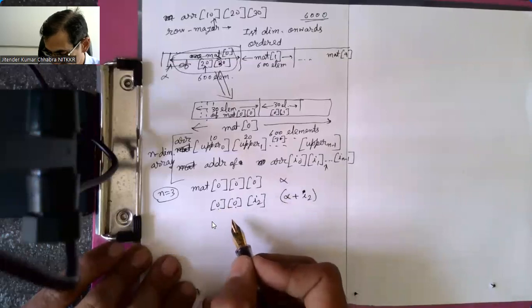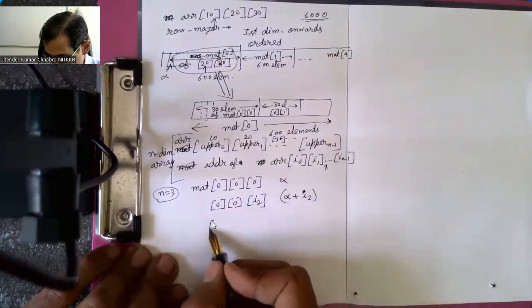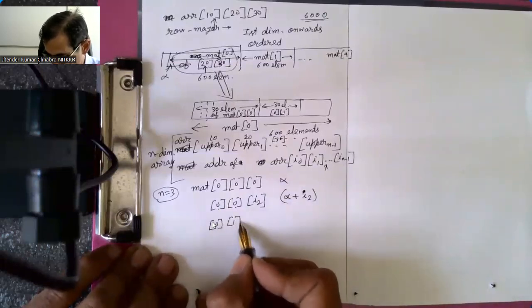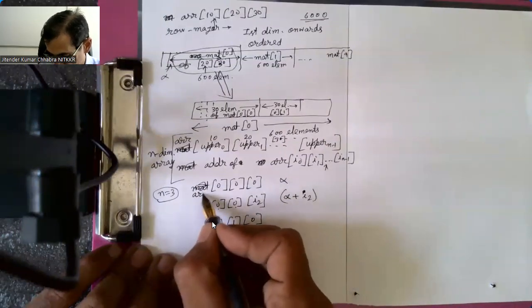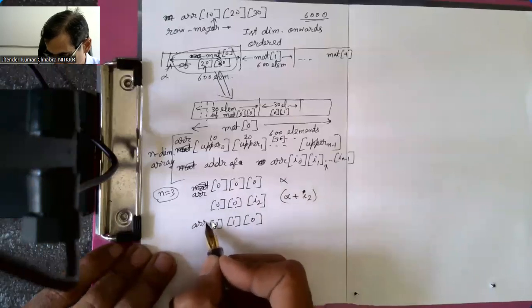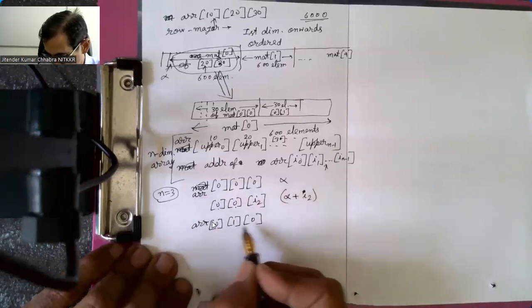Not an issue at all. Where is going to be 0, 1, 0?